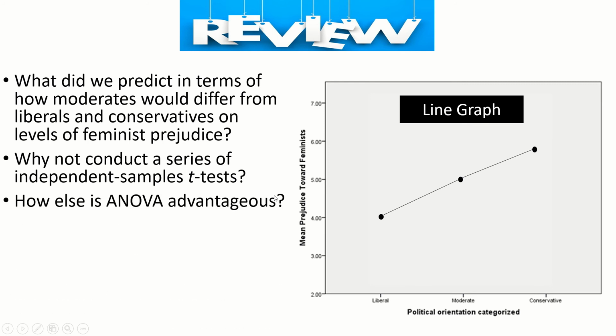We also talked about another point here about how else ANOVA is advantageous, preferable to doing a series of independent samples t-tests. The second big advantage is that because we include everyone, liberals, moderates, and conservatives, in the same test, we better estimate our error term, S-pooled.